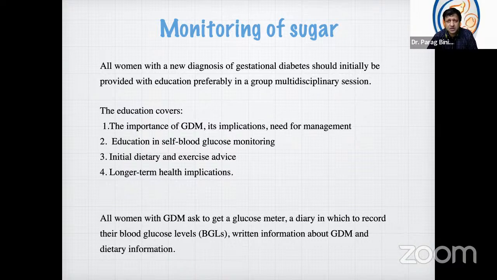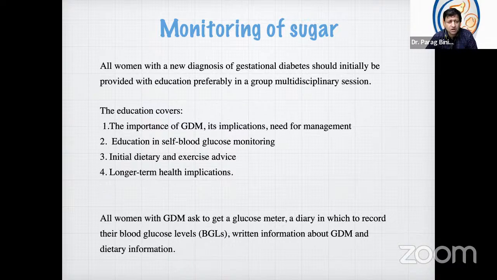or gestational diabetes should initially be provided with education, preferably in a group multidisciplinary session. Now, this education usually covers the importance of GDM, its implications and need for management, education in self-blood glucose monitoring, initial dietary and exercise advice, and long-term health implications.